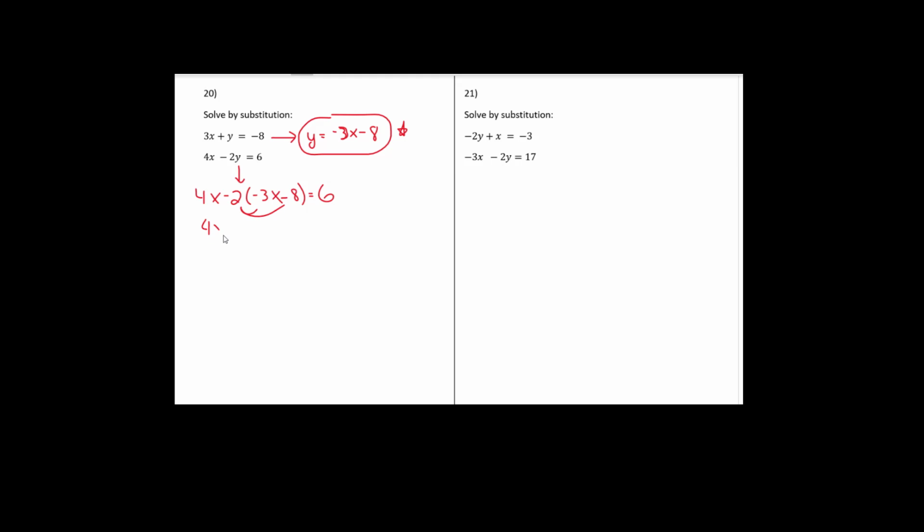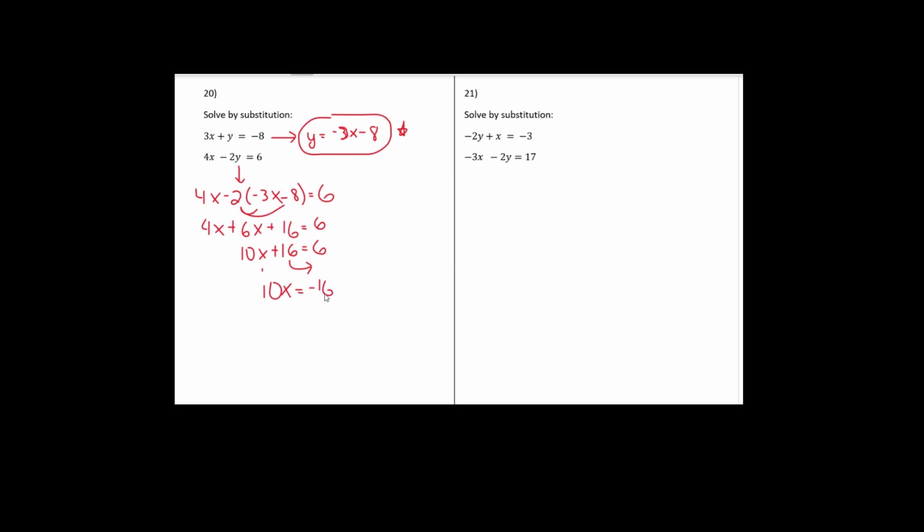So this would be 4x plus 6x plus 16 equals 6. 4 plus 6 is 10x plus 16 equals 6.